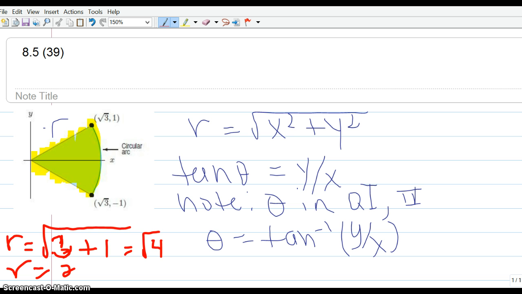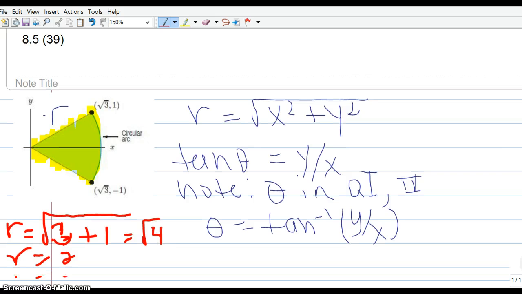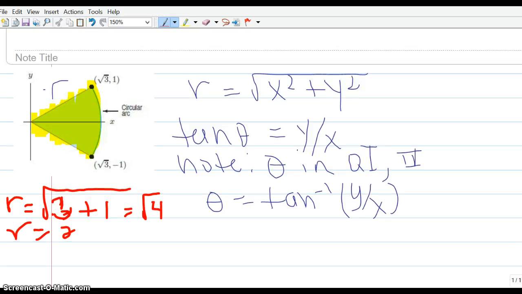So that means in order to shade in my region here, my radius can go anything from 0 all the way out to 2. So we have for our first inequality that r has to be between 0 and 2, and including those, because this edge is a solid line. My arc is included in my graph. So r is between 0 and 2.